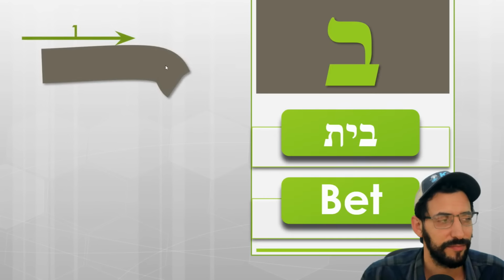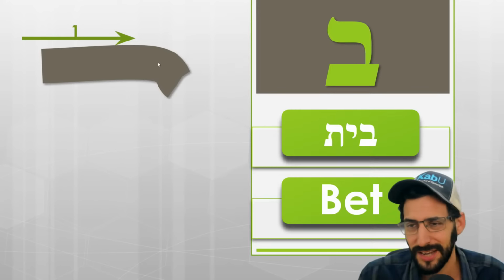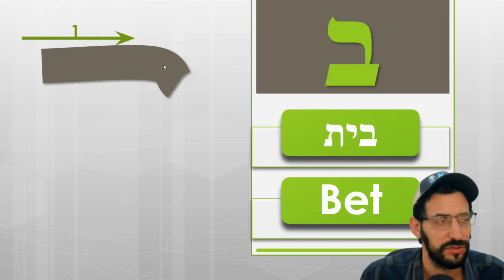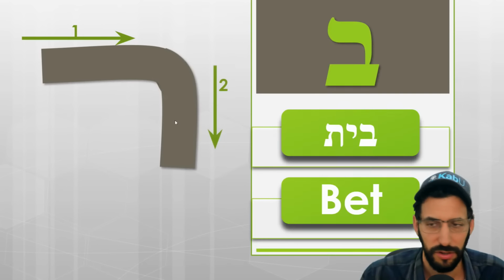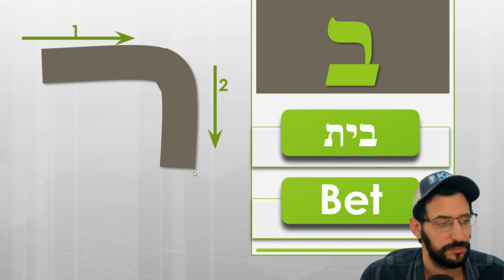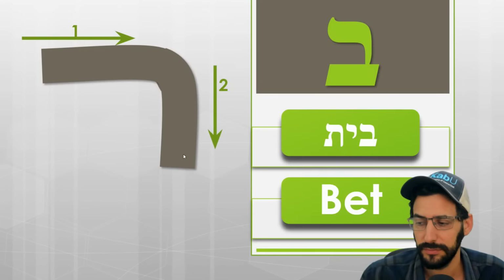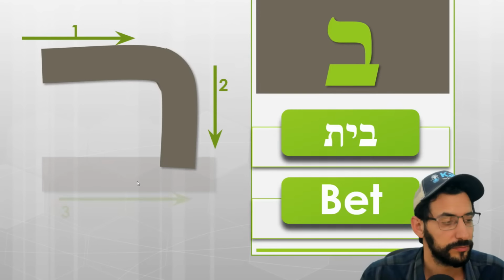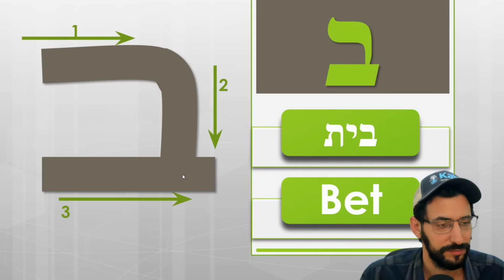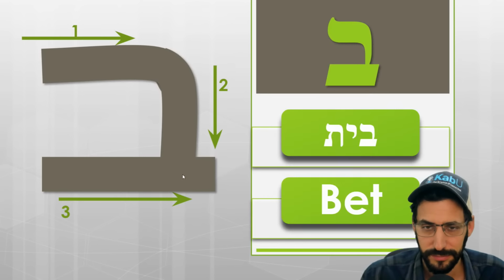First line, like this. So it's basically a straight vertical line, almost. Next, you go down. Horizontal line. Third, another vertical line. This together is the letter Bet.